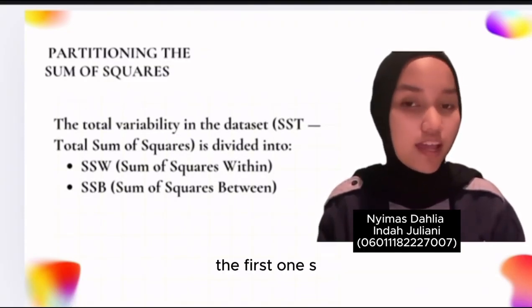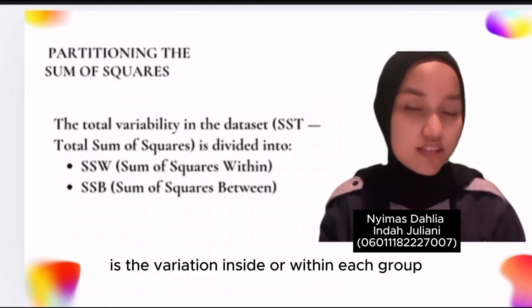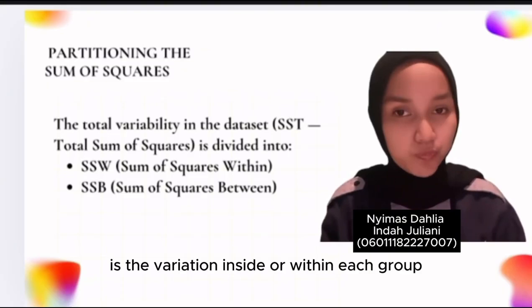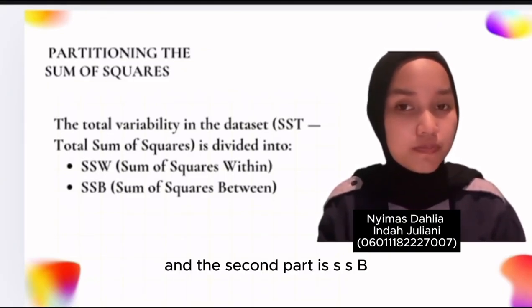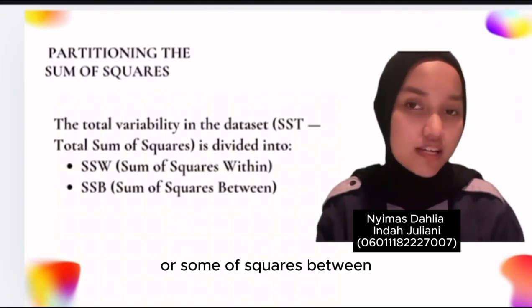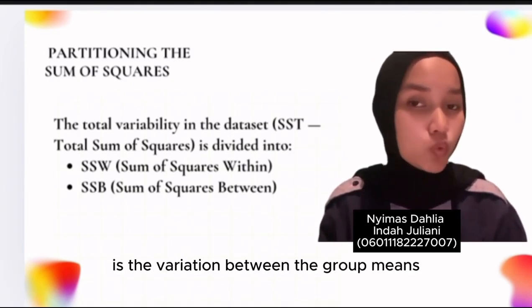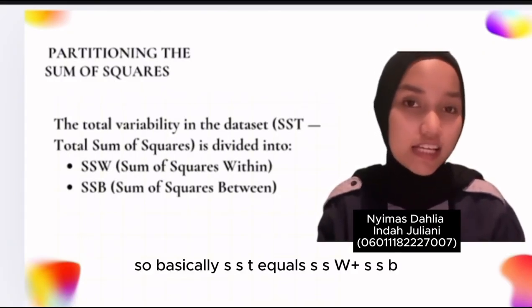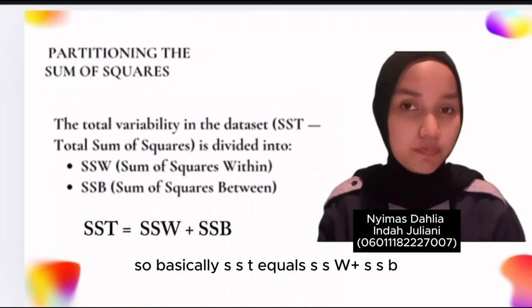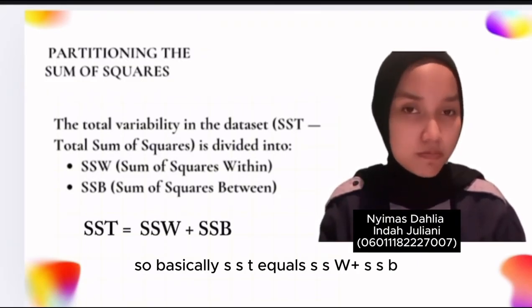The first one, SSW or sum of squares within, is the variation inside each group, and the second part is SSB or sum of squares between, the variation between the group means. So basically SST equals SSW plus SSB.